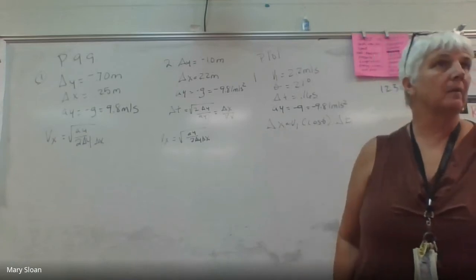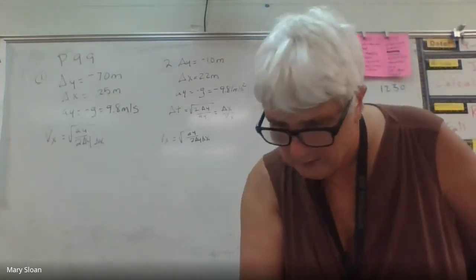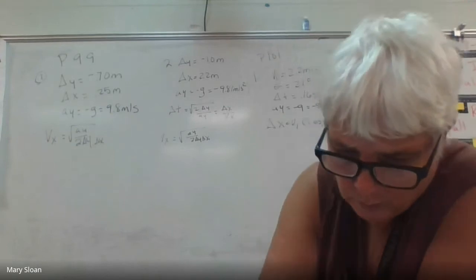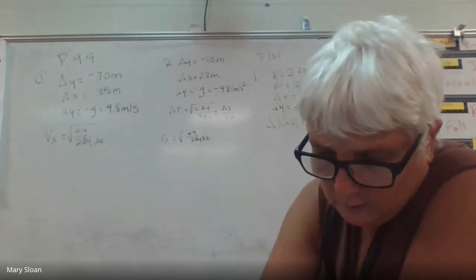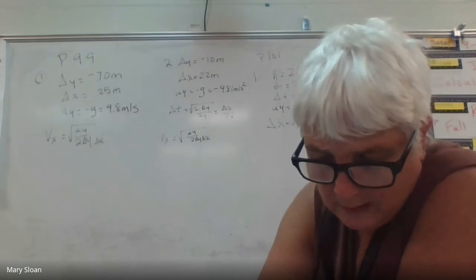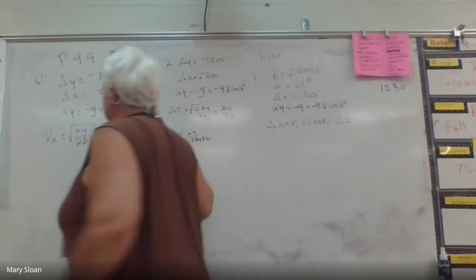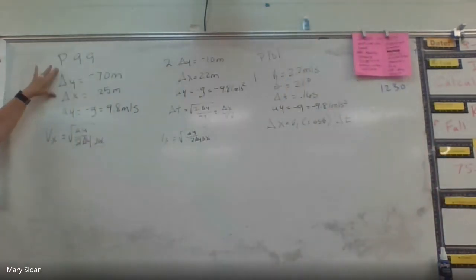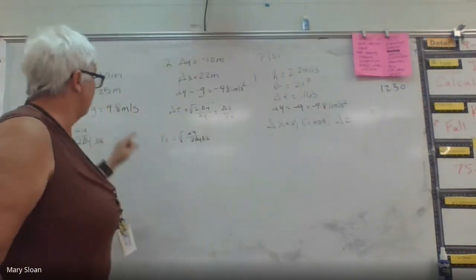Right, guys? So if we look at question number 1 on page 99, it says a ball rolls off a 0.70 meters high desk and strikes the floor 0.25 meters away from the base of the desk. How fast was the ball rolling? So change in y is negative 0.70 meters.